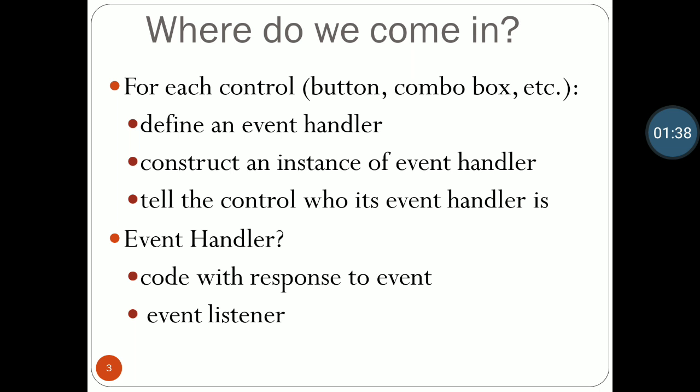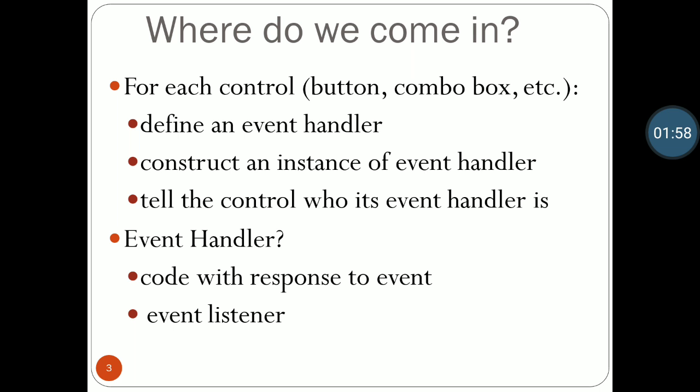Second, construct an instance of the event handler. Third, tell the control who its event handler is. Means if you are making a button and clicking it, you have to define what is going to happen after clicking that button. Event handler.